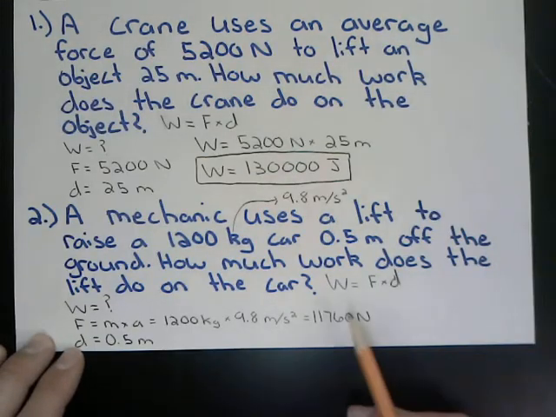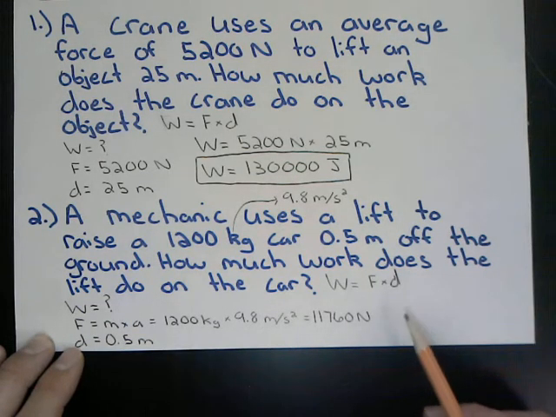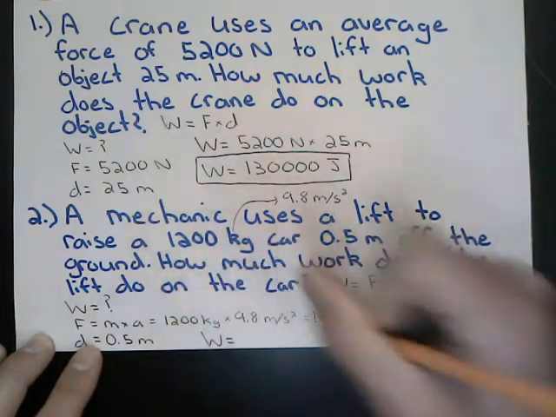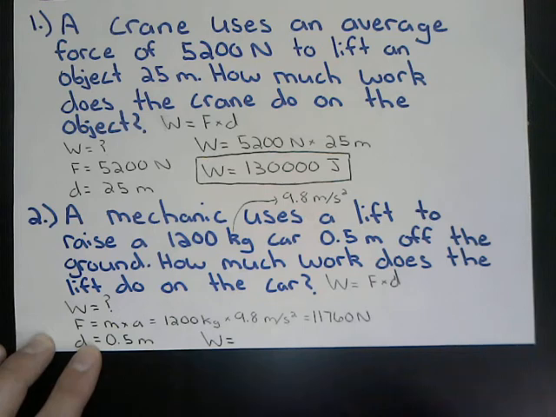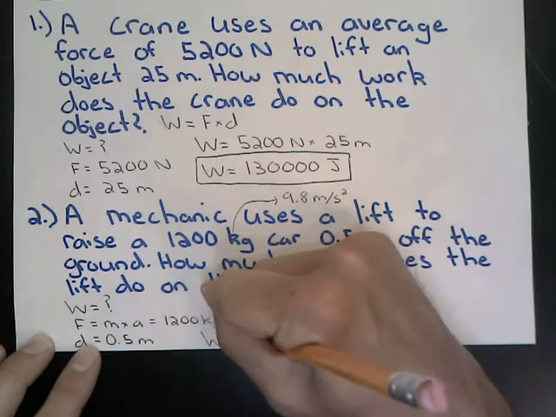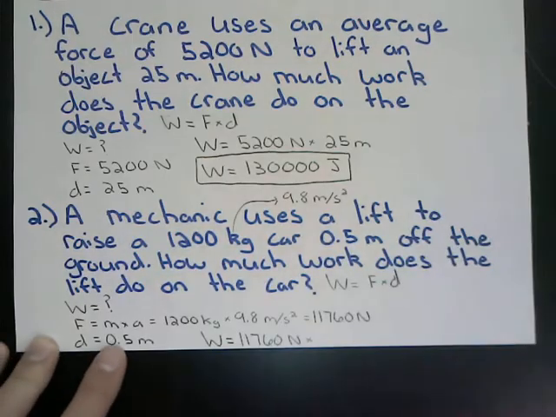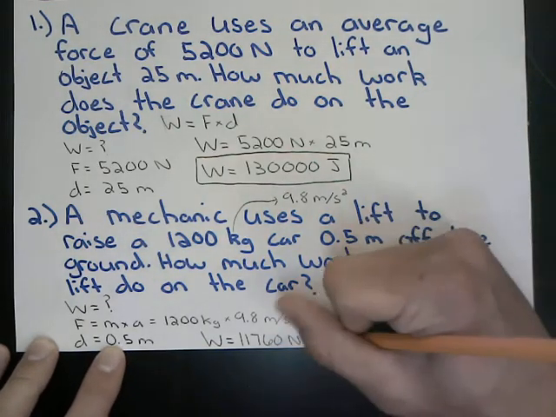Now, I'm going to plug everything into the work formula. I'm going to do it down here. So work, W, equals our force, which we just took the time to calculate, which was 11,760 newtons, times our distance of 0.5 meters.